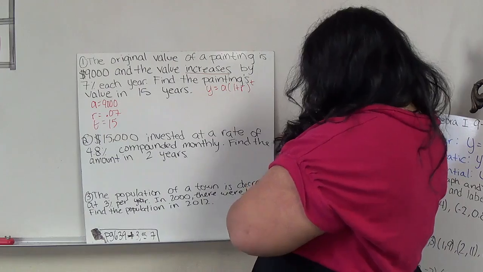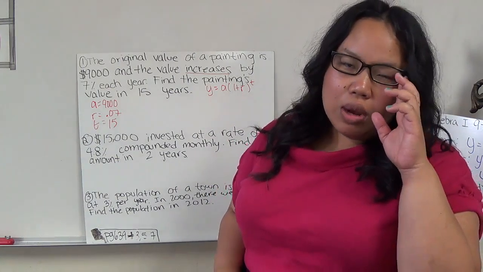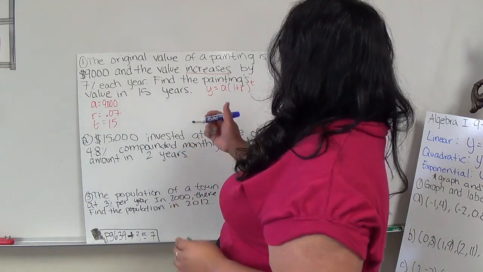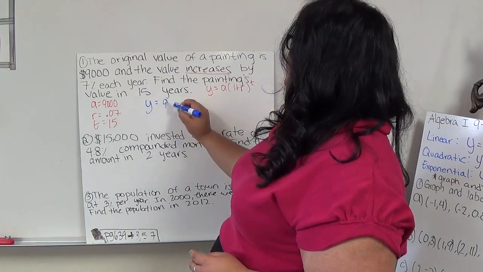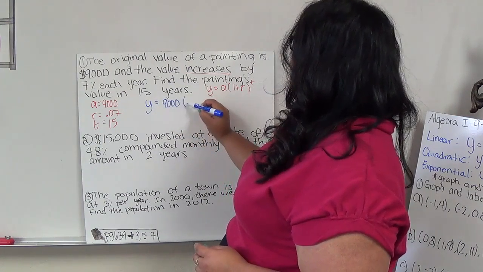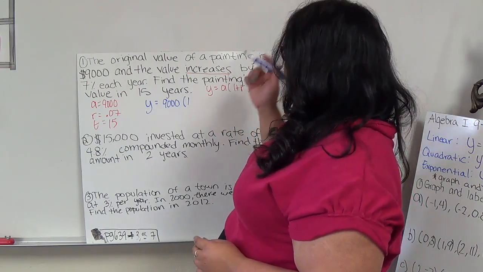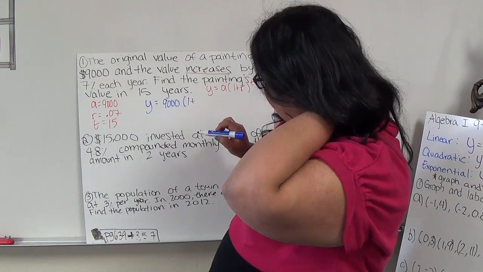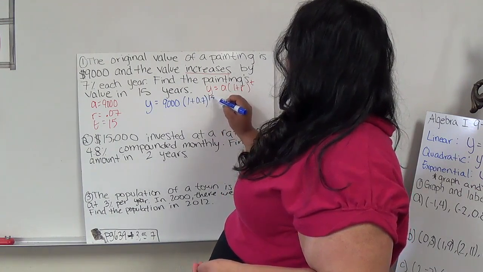So let's plug that all in. Remember, just like all the other problems, I can only solve if there's a maximum of one missing variable. So let's see if that's the case. y is unknown, 9,000 times (1 plus 0.07) to the 15.